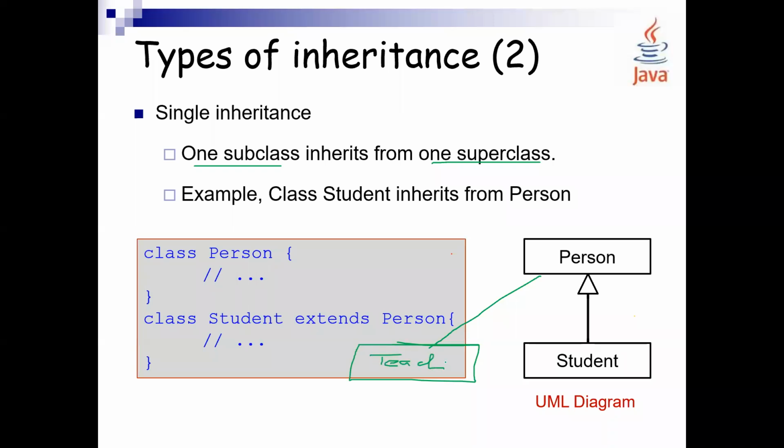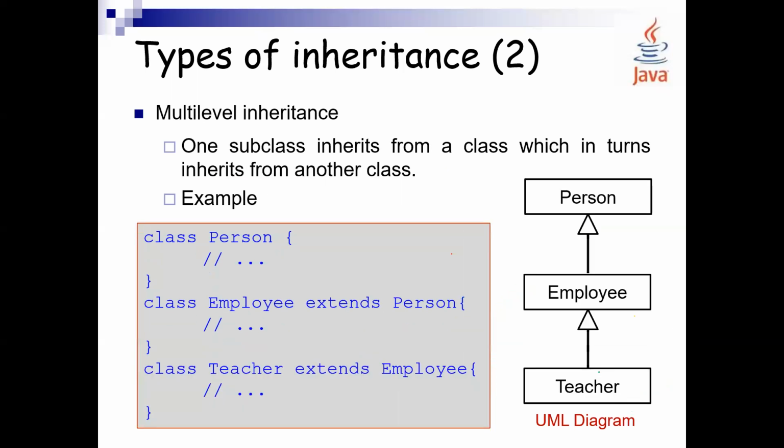So a person, there's a student, there is a teacher, there is a soldier, there are doctors. All those are subclasses. If a person has a name, for example, you do not need to specify a name here, because by default, the subclass will inherit the properties of the superclass.